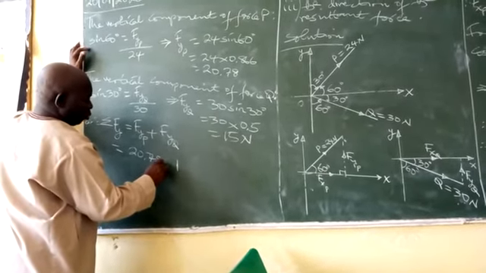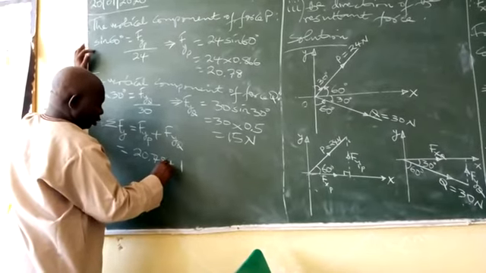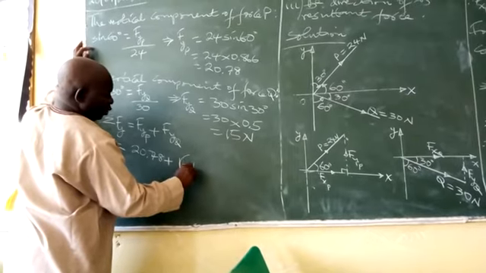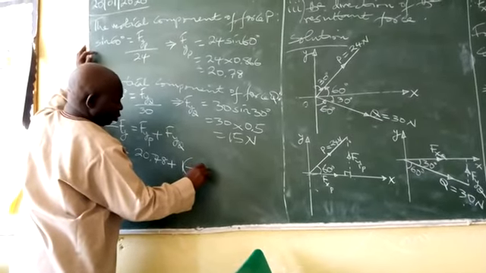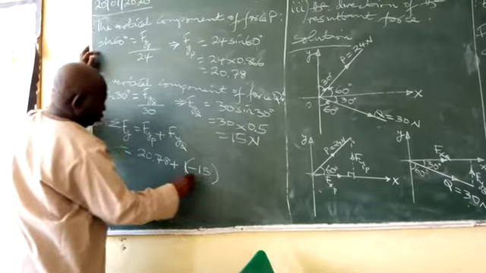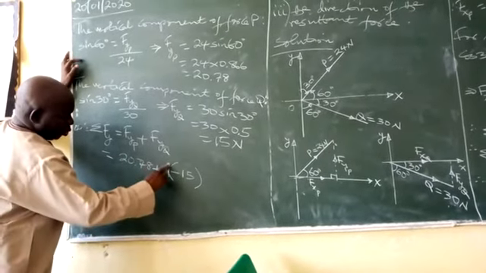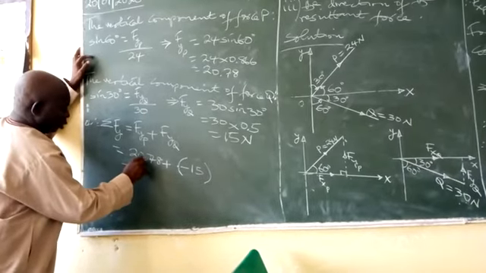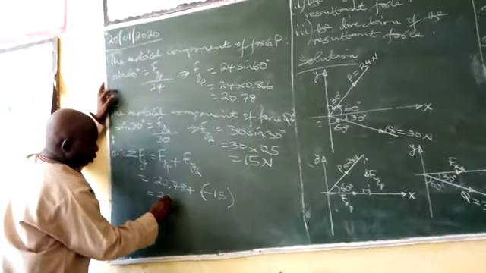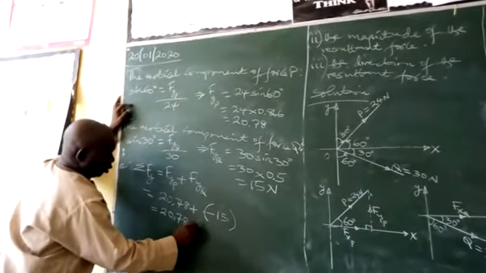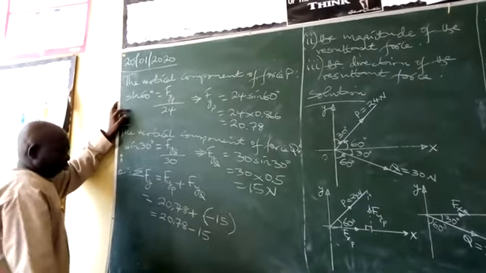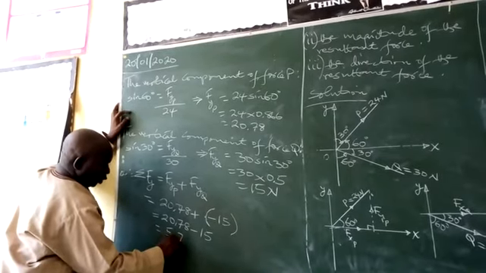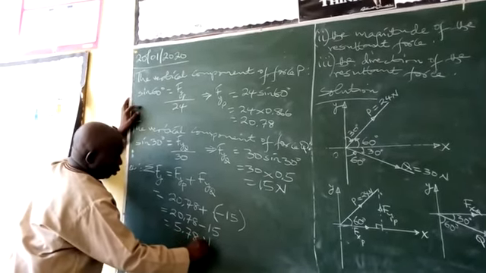So that is plus, in brackets, minus 15. So that is 20.78 minus 15. And that will give us 5.78 Newton.